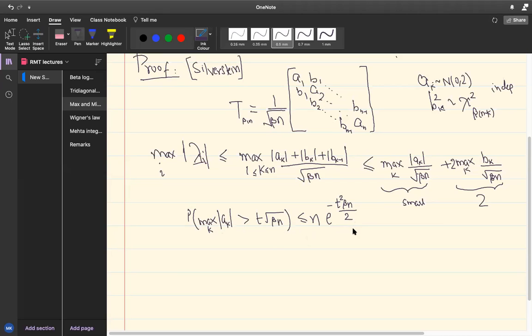So this is a simple bound that we can write. I have used the tail bound for the Gaussian distribution, which is also just that the Gaussian density is roughly a bound for the Gaussian tail. So this says that if t is somewhat bigger than square root log n over square root n, because if you have square root log n by square root n, you square it.